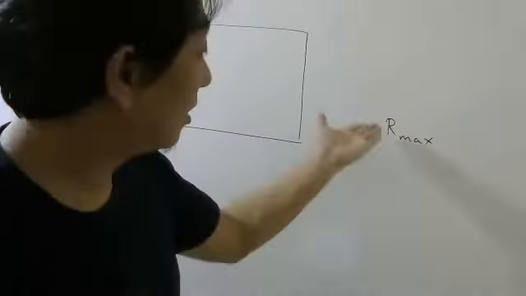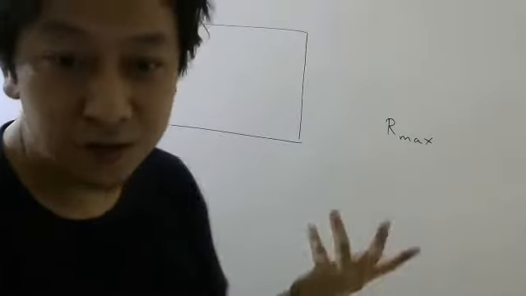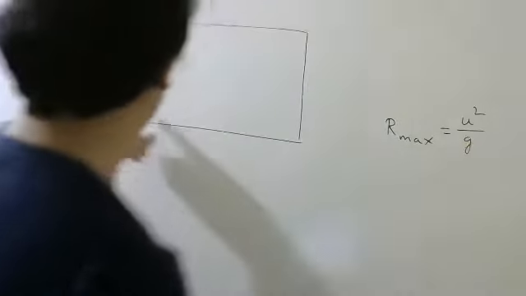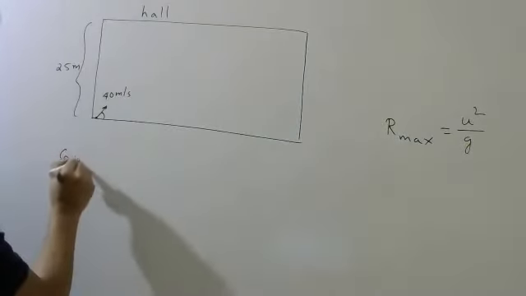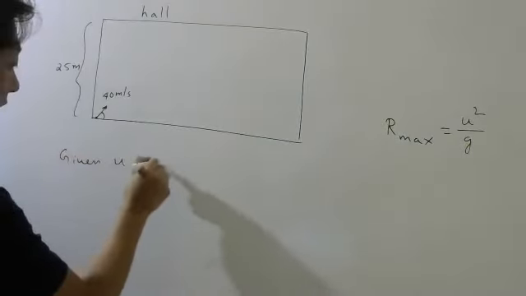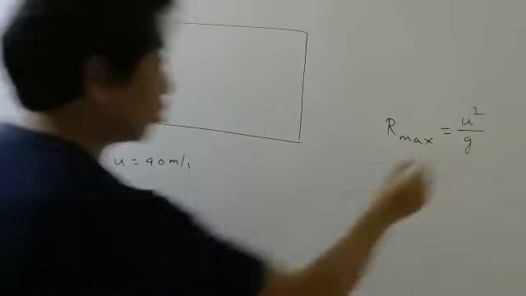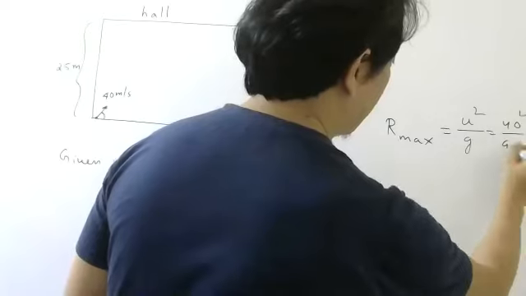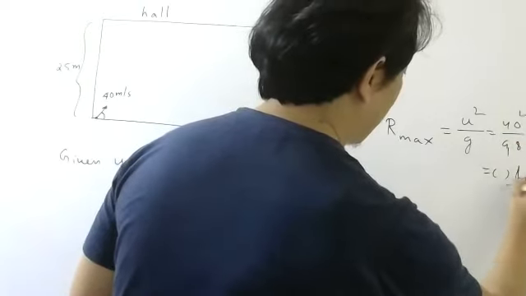This is the quantity and you know the formula, u square by g. U is 40 meter per second. So you may start putting 40 here, g is 9.8 and that is my answer.